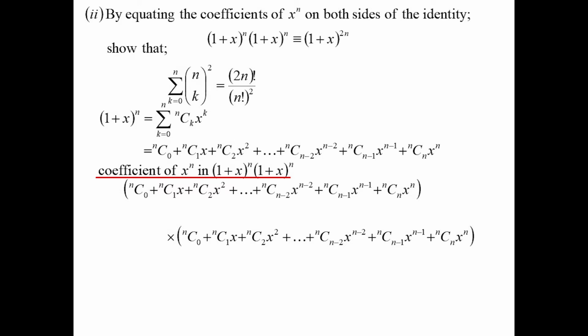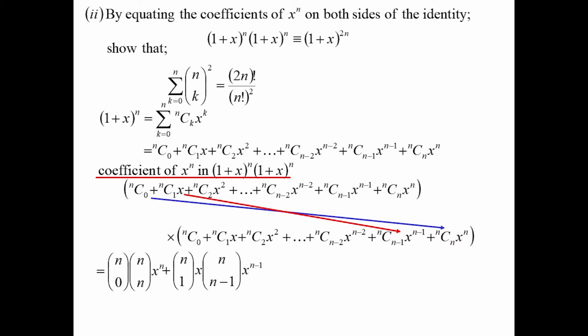Okay. I want to pull out all the terms that will give me an answer of x to the power of n. So let's start at the front. nC0, well, that's going to have to multiply by the nCn x to the n. So I'll get nC0 nCn x to the n. nC1 x, well, that's going to have to multiply by the x to the n minus 1.